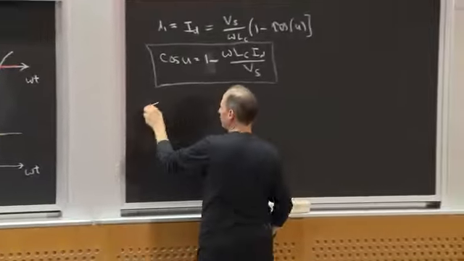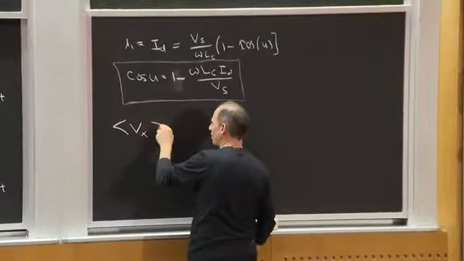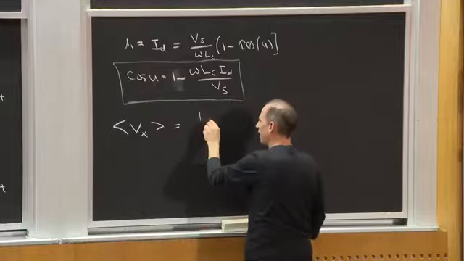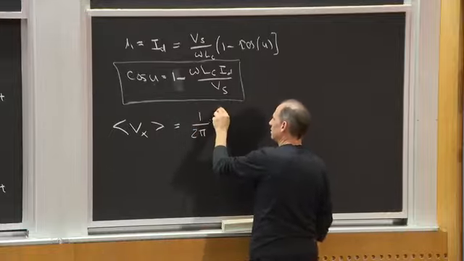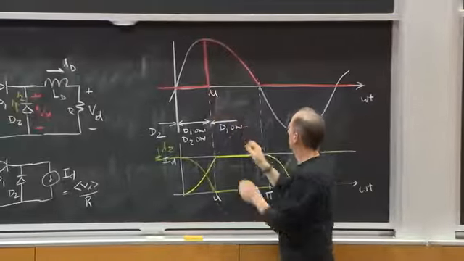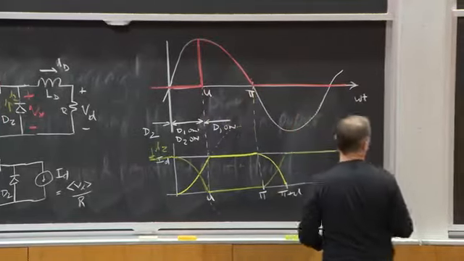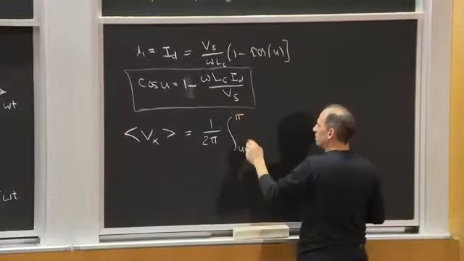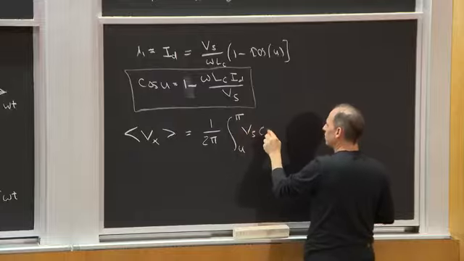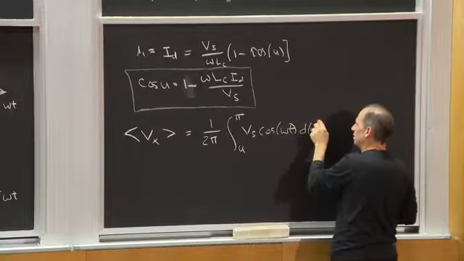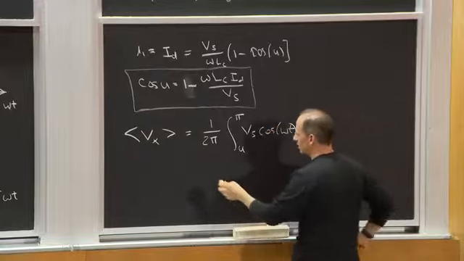The average value of Vx with commutating reactance is going to be equal to 1 over 2 pi, the integral from some angle u to some angle pi, Vs sine of omega t d omega t. Okay? So what does this end up being?